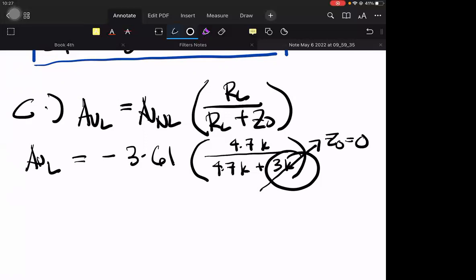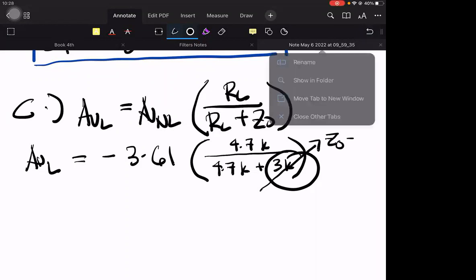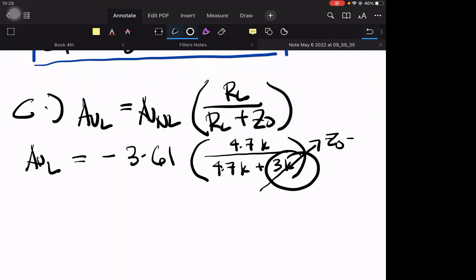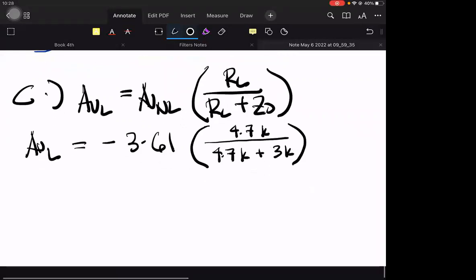So if it is 0, RL will be divided by itself, RL, so AVL would be AV no load. If the output impedance is 0 or very low, the system will not be affected by the load. That is a very ideal condition, but this is not an ideal condition because our output impedance is 3K. It's just a side note.